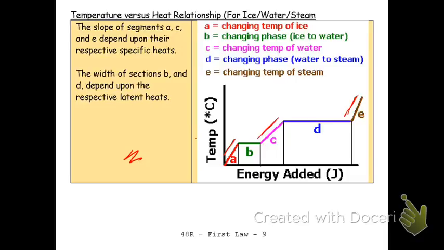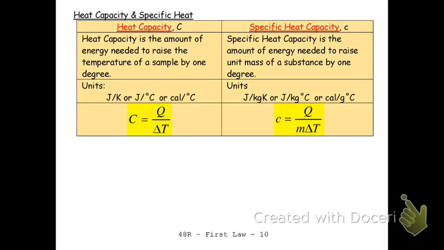And this bit depends upon the latent heat, and that bit depends upon the latent heat. So the names are not literal, specific meaning and latent, they're just names. You look those up in a book, or I give you them.